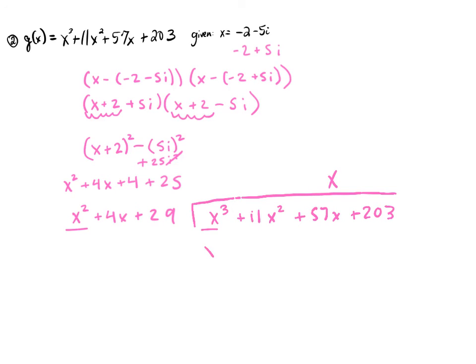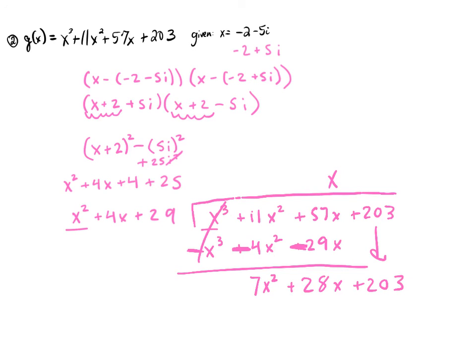So x cubed plus 4x squared plus 29x. Need to change the sign of everything. So we make them all negative. X cubes cancel out. 11x squared minus 4x squared is 7x squared. 57x minus 29x is plus 28x. We can bring down this 203.